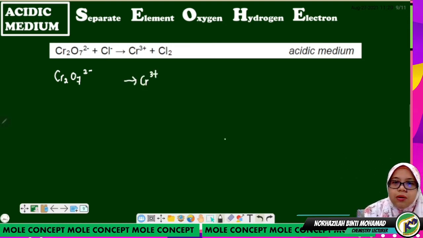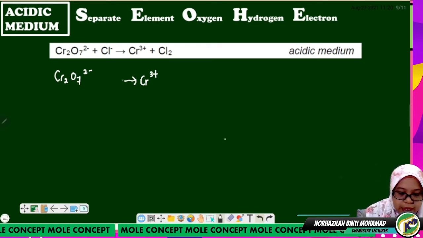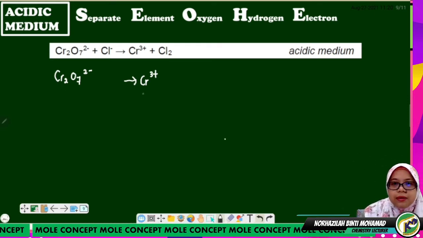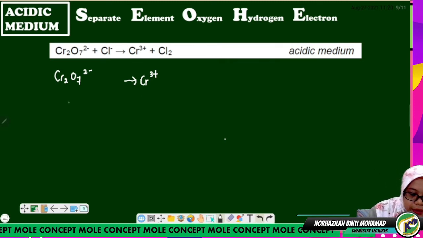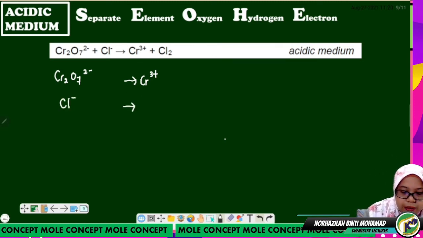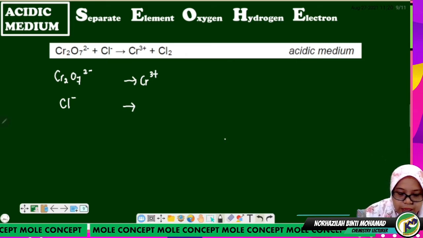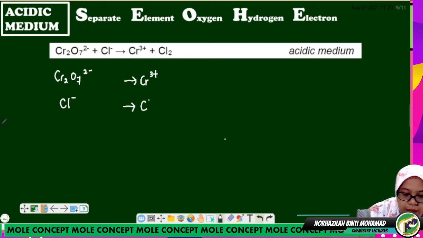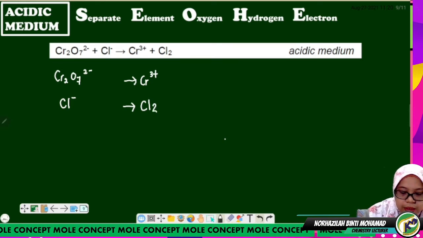This is because the common element on both sides is Cr. Same as chloride, Cl-: the common element on both sides is Cl, and the product is Cl2.